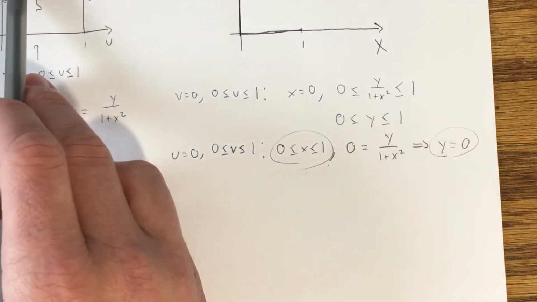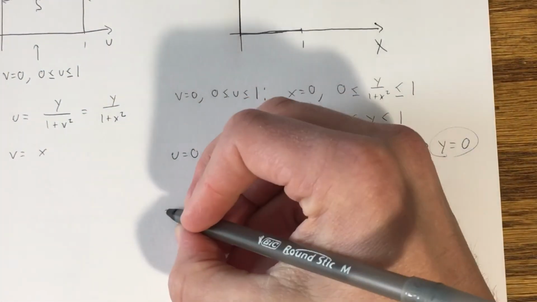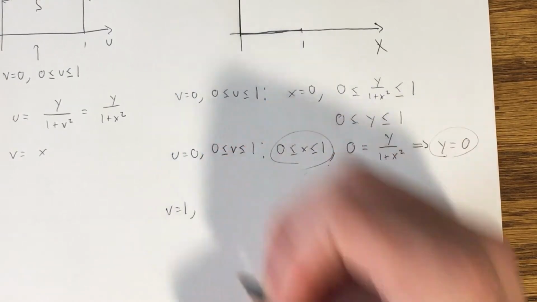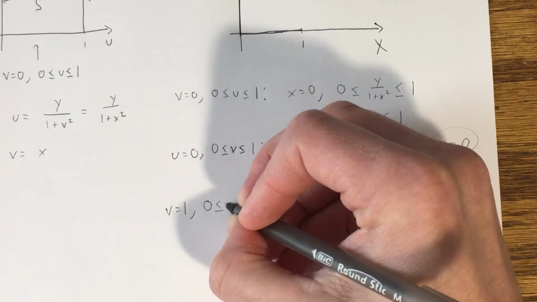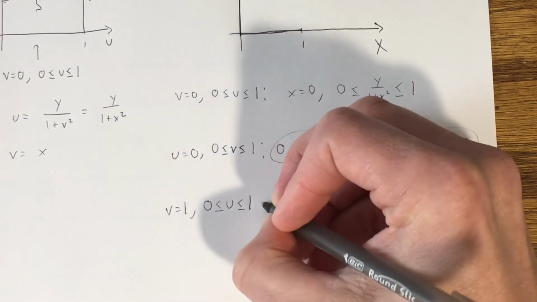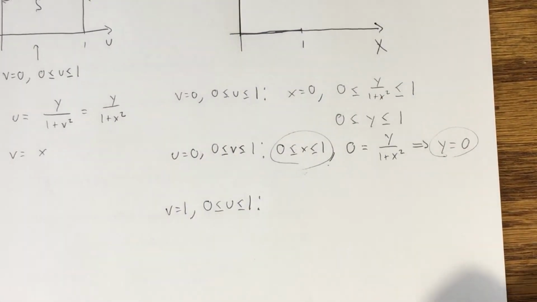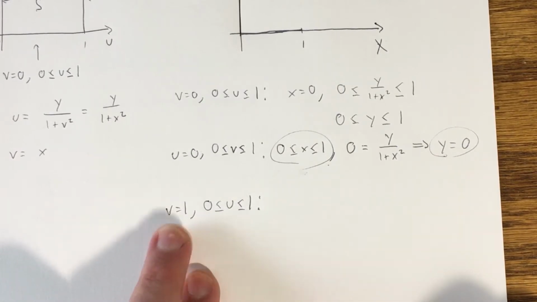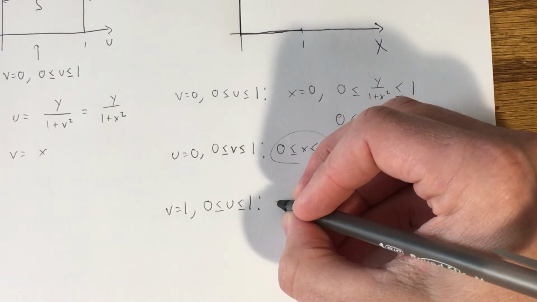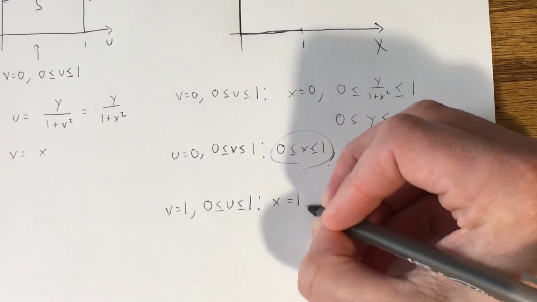Let's look up here. v equals 1, and u is between 0 and 1. Okay, so again, if v is equal to 1, x and v are equal to each other, so this would say that x is equal to 1.